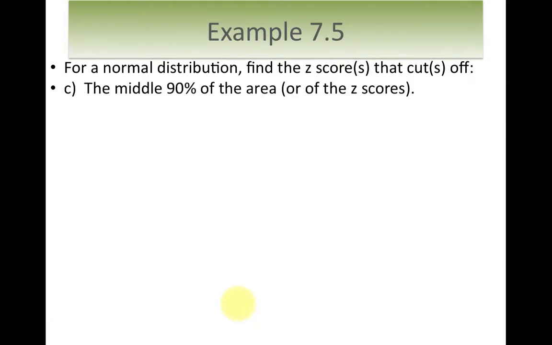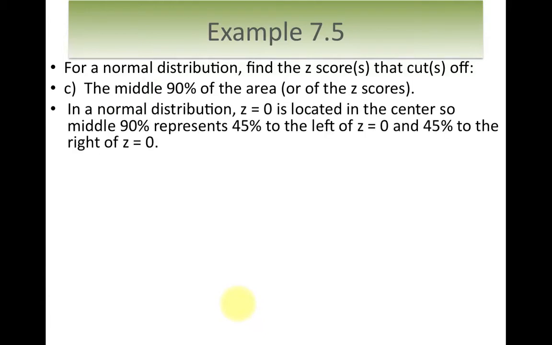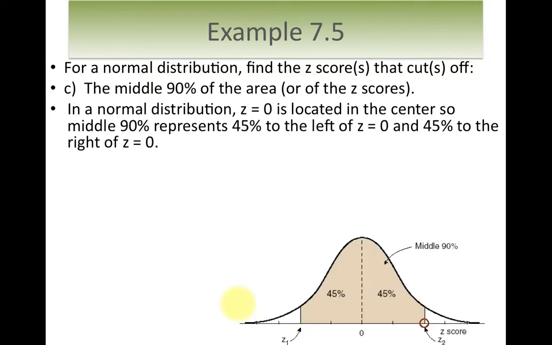Okay, one more question. We're going to find the z-score that cuts off the middle 90% of area. So the middle 90% of area, or the middle 90% of all the z-scores, looks like this. You've got z equals 0 in the center. You've got the first z-score, I'm going to label it as z sub 1, on the left-hand side, and the other z-score, z sub 2, on the right-hand side.